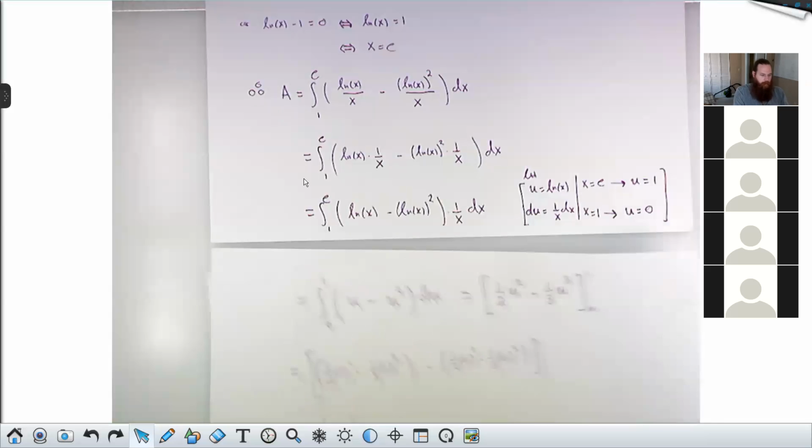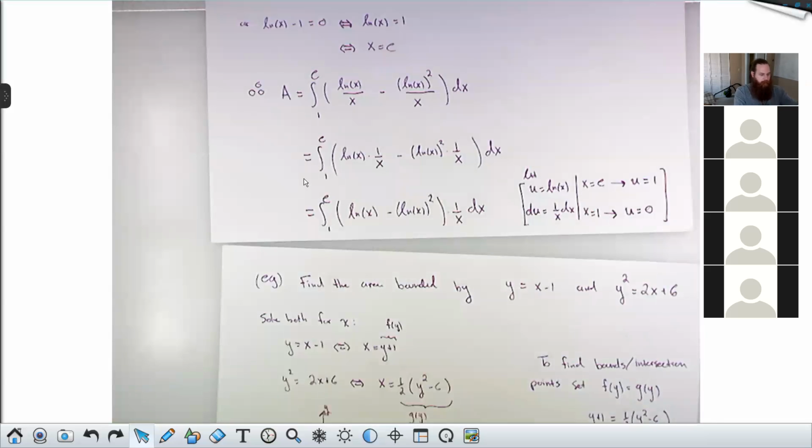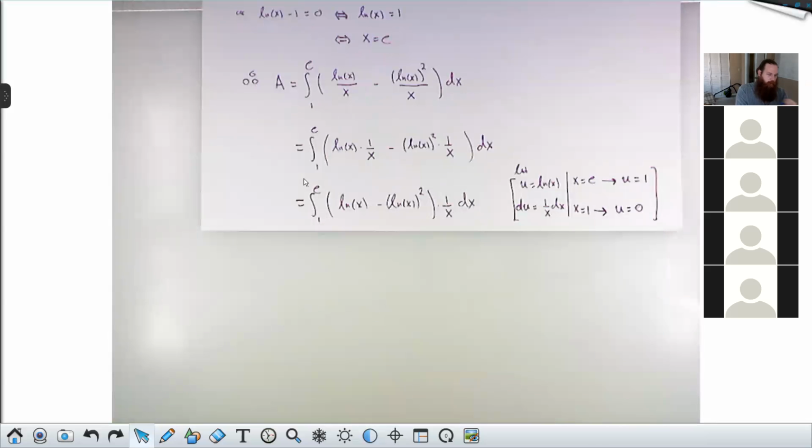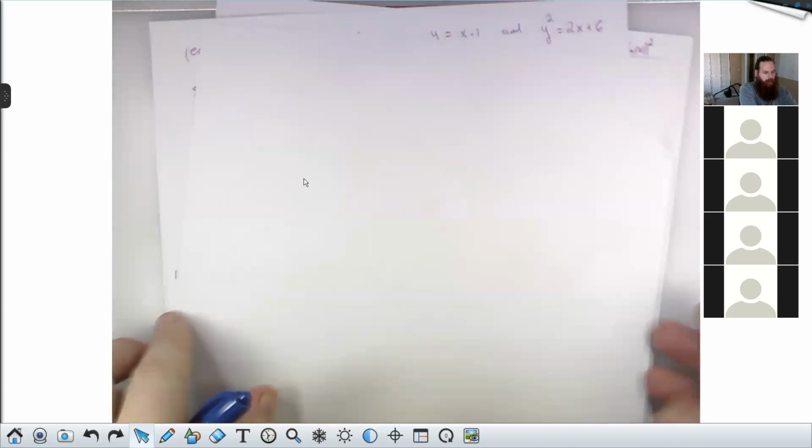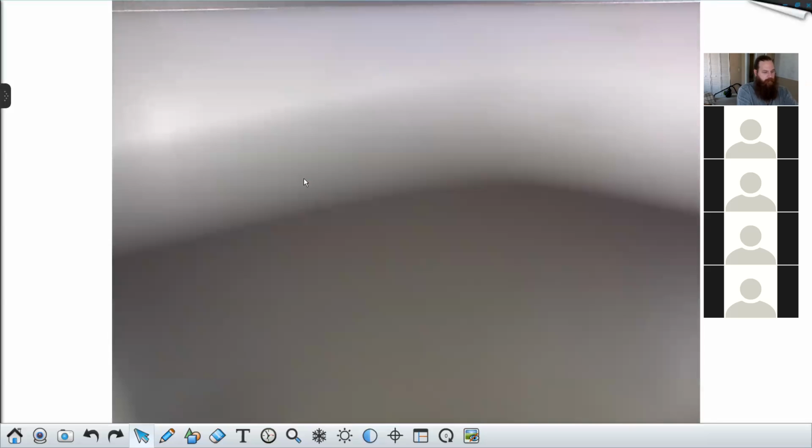Let's take a quick look at why you got to change those bounds, because this is something that I feel is almost never addressed correctly in Calc 1. And let's look at it in a really simple example.